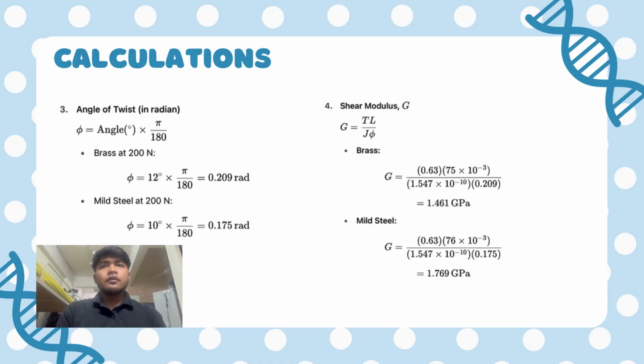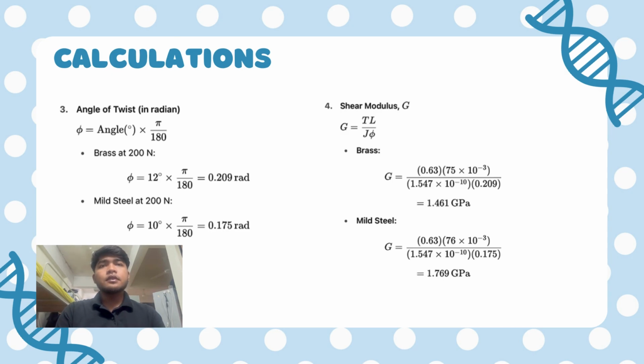Okay, the third one is angle of twist in radian. The formula is angle of twist equals angle in degree times pi divided by 180. For the brass shaft, at 200 Newton, angle of twist equals 12 degree times pi divided by 180.